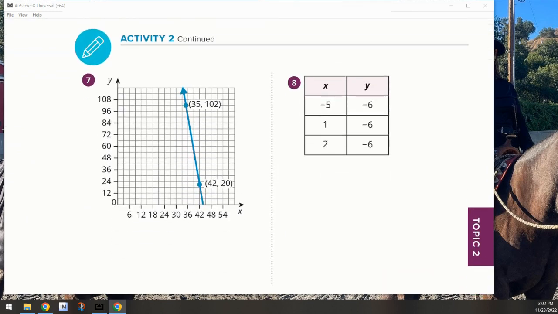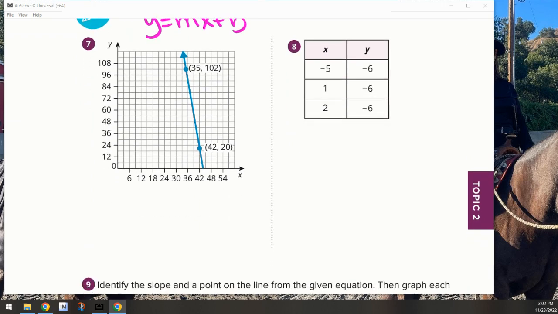But we can do it like we did before. We did learn this before, and instead of using point slope, we use this. So we can find the slope by doing this. If I have these 2 points, I have the point 35, 102, and I have 42, 20.